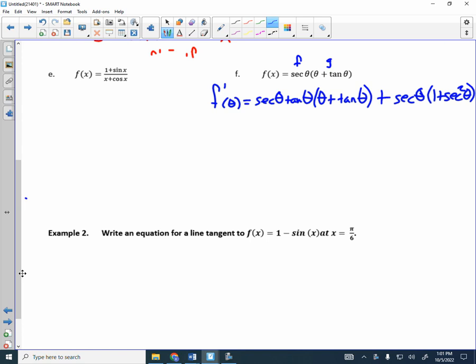Okay? So we would like to see if there's anything that could combine for like terms, and we'd like to see if maybe there's some type of special trig identity that would work itself out. So we're going to have to distribute here a little bit. So f prime of theta is equal to, and please focus on this because people do get lost during this part. I take that times that, and I get theta times secant of theta times tangent of theta. Everybody okay with that?